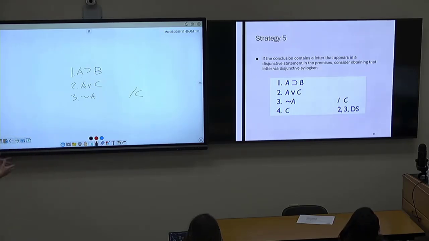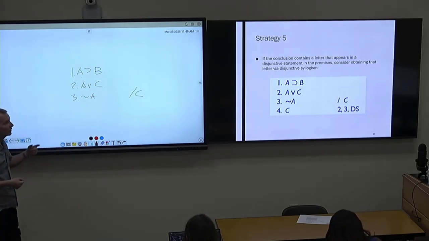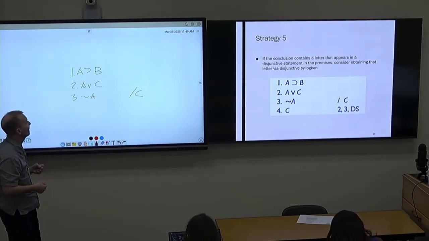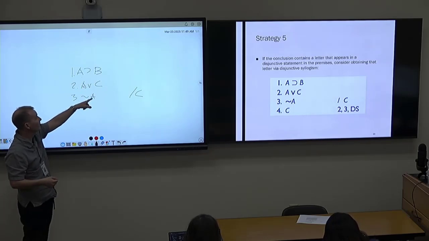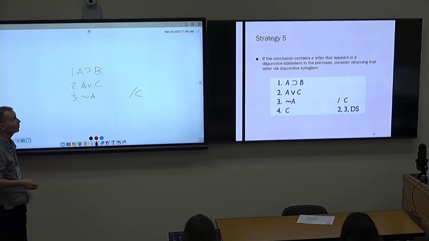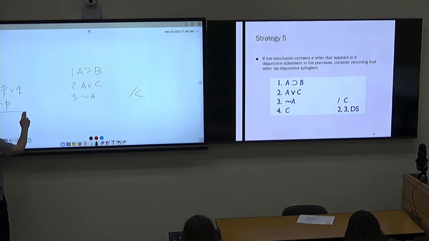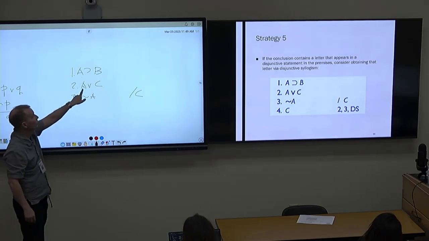So when you start looking at it, you can see I have my C here. It's part of this disjunction. And I also have the left side already negated on the third premise. So clearly remember that disjunctive syllogism, P or Q, not P, therefore Q, that's what we have over here, right?